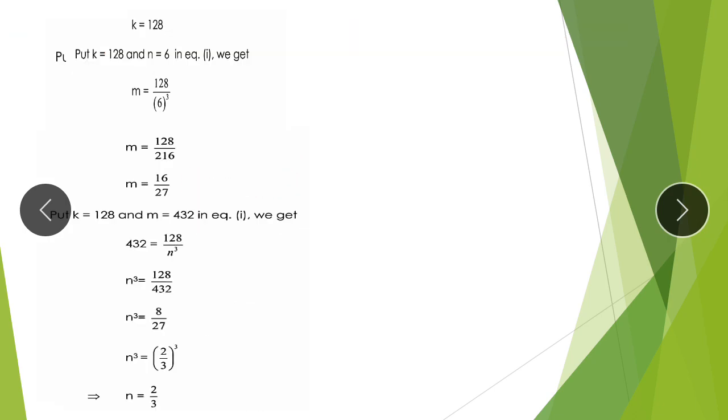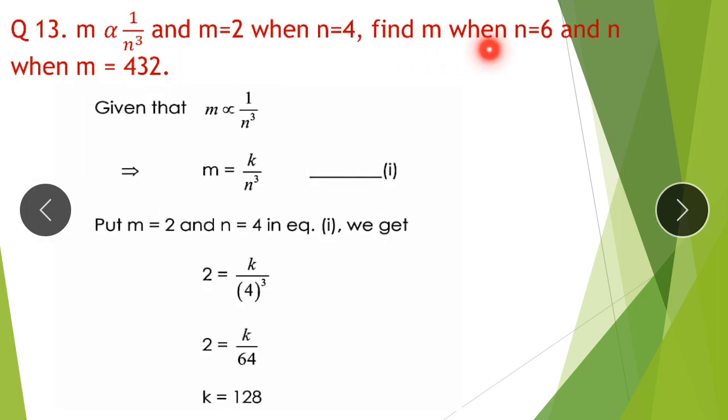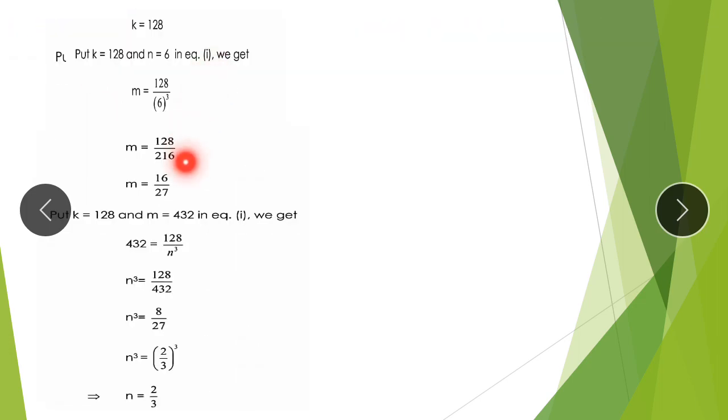K is equal to 128, the same, and we put these values here in order to find the value of m. 6 multiplied 3 times: 6 6s are 36, 36 again with 6 will result in 216. By calculation, you can use a calculator here, or you can go with cancellation. You will get 16 upon 27, as it can go with the table of 2 because both of them are even numbers. Now this is the value of m.